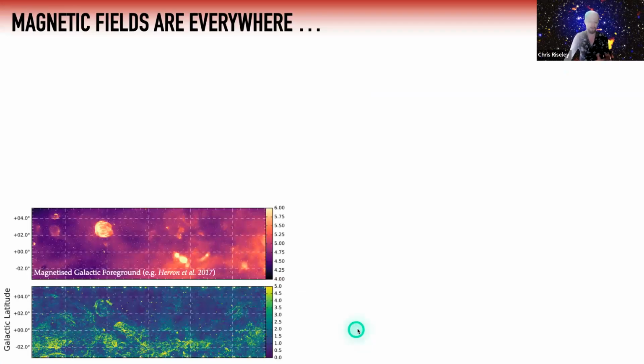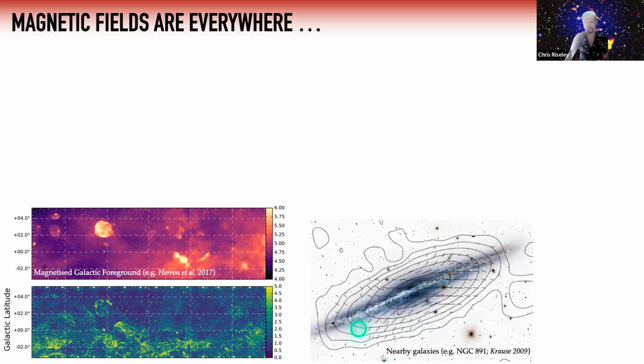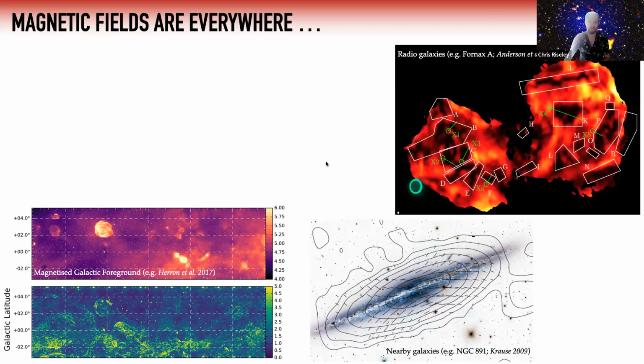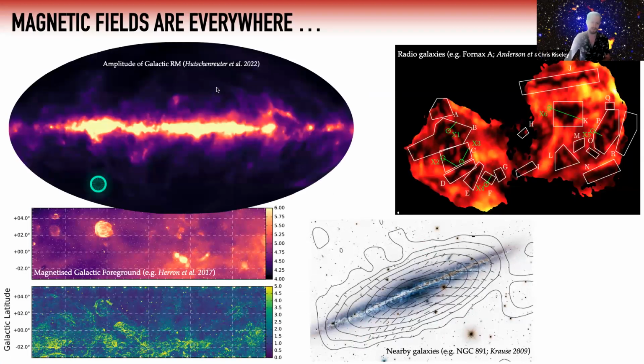So when we talk about clusters and radio astronomy, we're really talking about magnetic fields, which are everywhere in the universe, as we see in galactic magnetized foreground, nearby galaxies, radio galaxies, and in the amplitude of the galactic RM structure, because anywhere we see diffuse synchrotron emission, we are seeing relativistic electrons in the presence of magnetic fields, which generates the synchrotron emission.